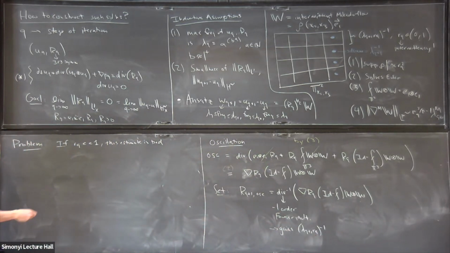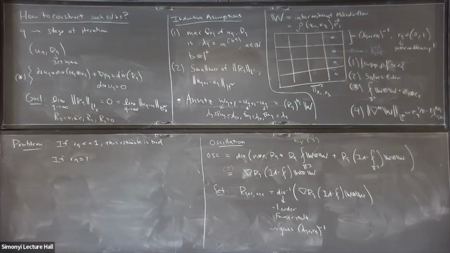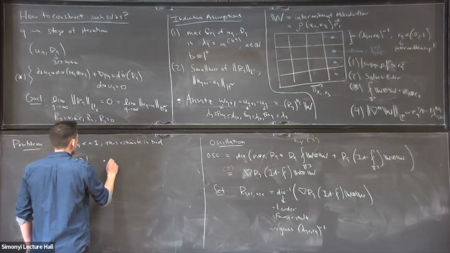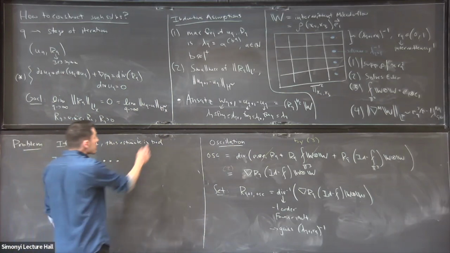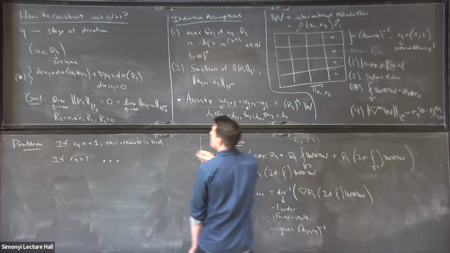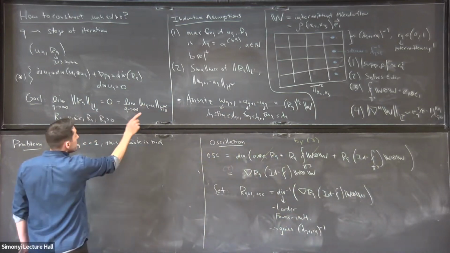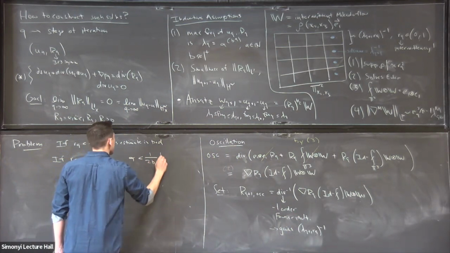And what you can check is that for the purpose of heuristics, if you just plugged in R_q equals 1, you could do a few computations and you come up with a restriction on alpha and b. What you get is that alpha has to be less than 1/2b.